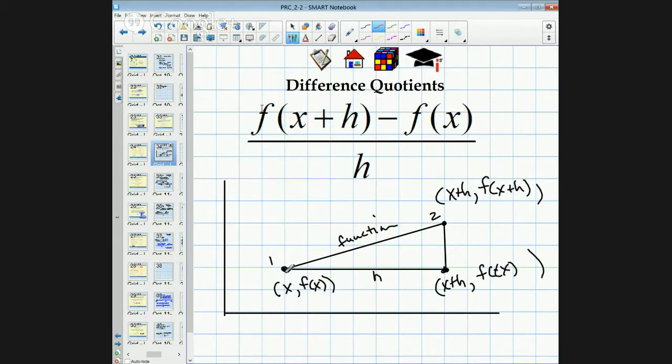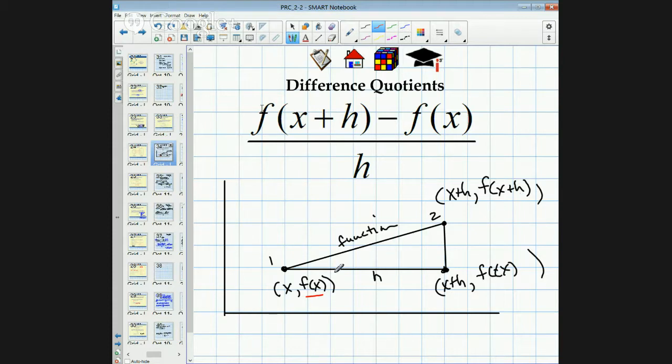Now, in terms of functions, the x-coordinate of this point is x, and the y-coordinate, we're going to start using this in place of y a lot, is f of x. Okay, and then for the second point, I just moved over h, and this point up here is what? Well, the x-coordinate is x plus h, and then the y-coordinate is whatever f of x plus h is.